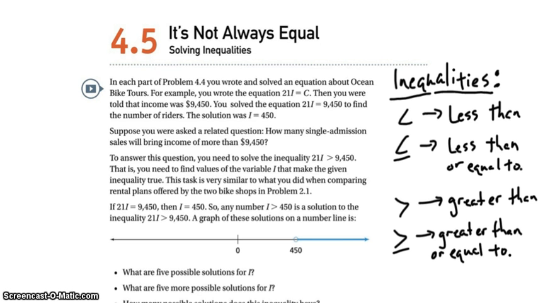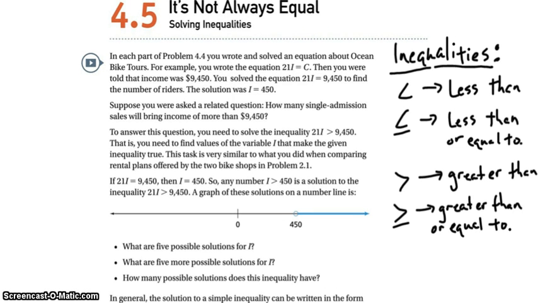Now, what an inequality does is it answers questions. If we take our equation from yesterday where income was 21 times the number of writers, and we wanted to figure out how many writers it would take to equal an income of 9,450, our solution was that the number of writers was 450, and that would give us an income of exactly $9,450.